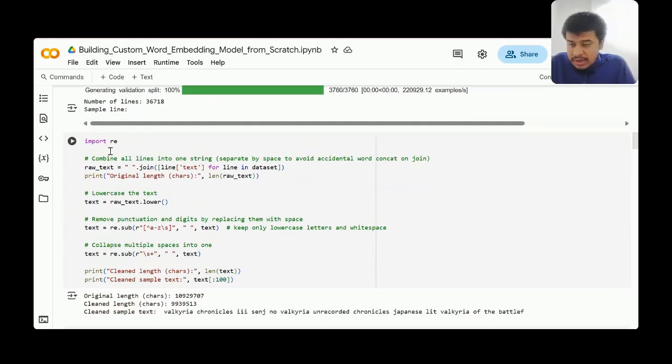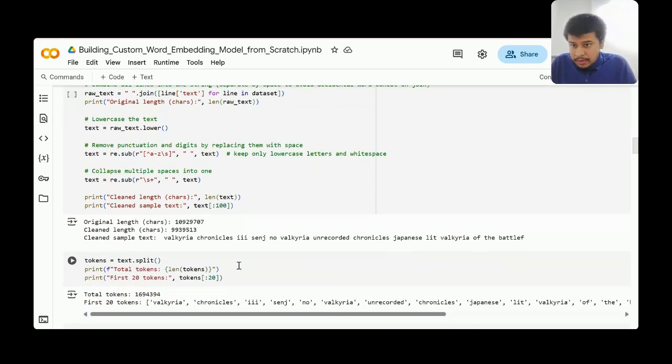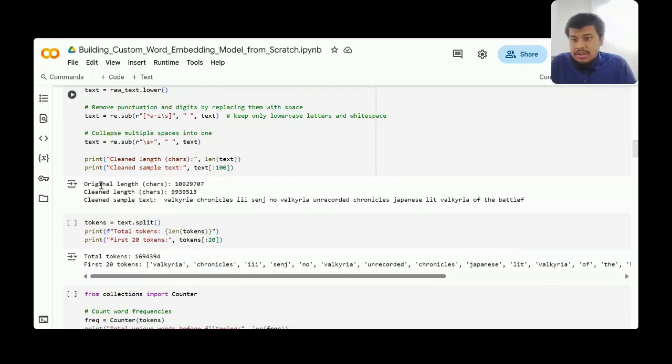Now we're doing all of the basic pre-processing techniques that we learned before. When doing that, we got to know that the original number of characters is 1 crore, 9 lakhs, 29,707.